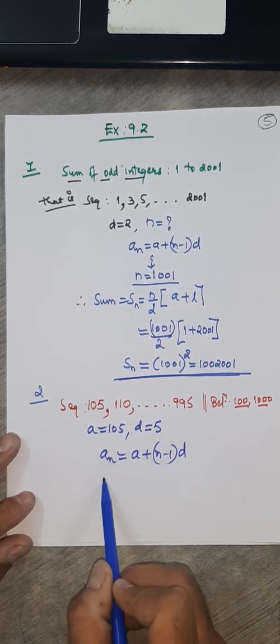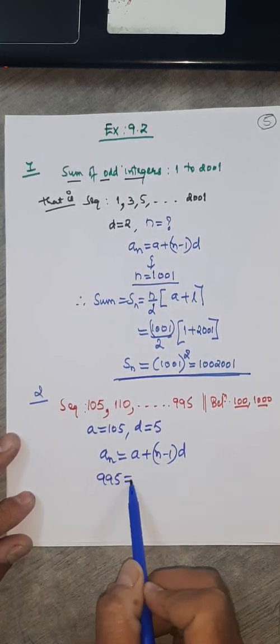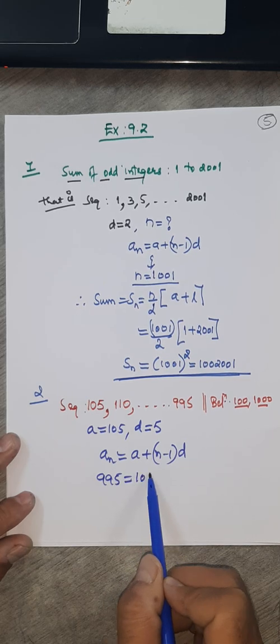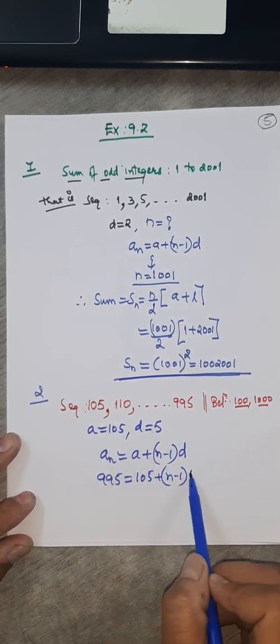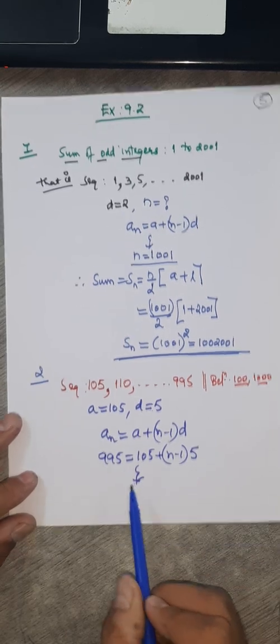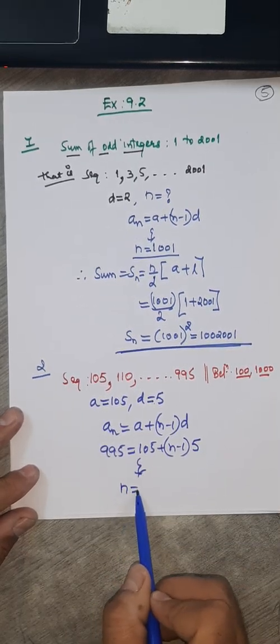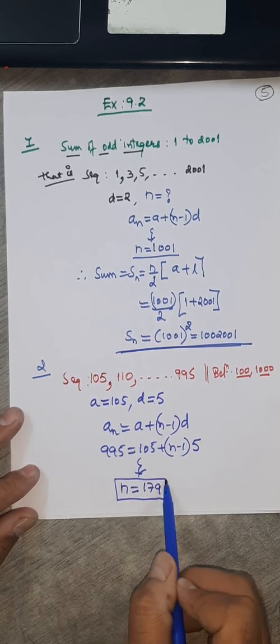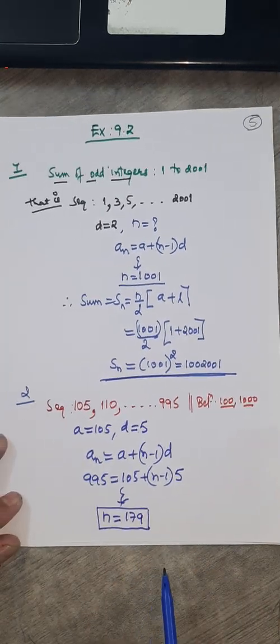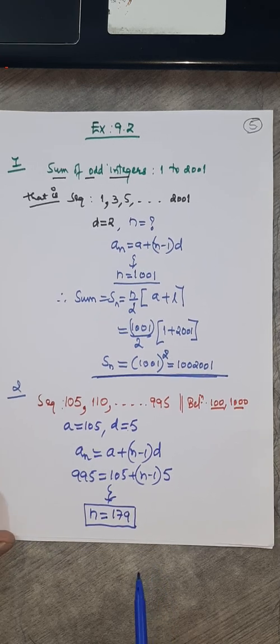AN means the last term, which is 995. What is A? 105, plus N minus 1 into D. The common difference is 5. Just simplify here, and you will get N equals 179. I'm not spending much time on this because you did such things in 10th standard also.